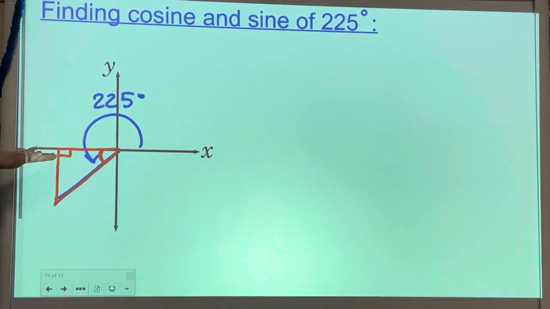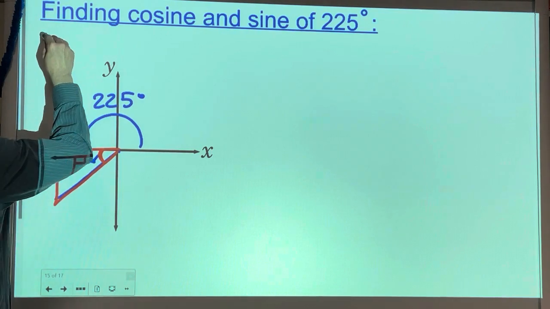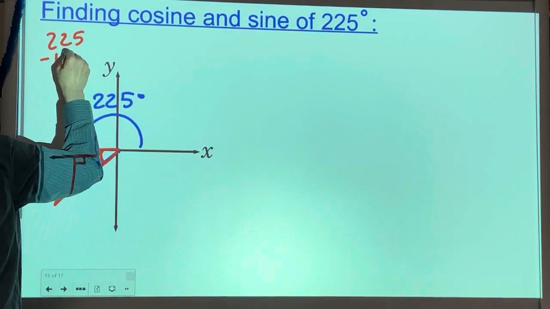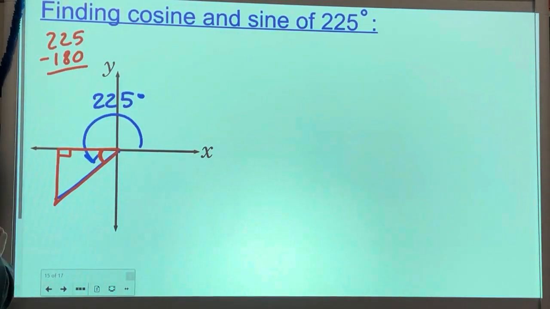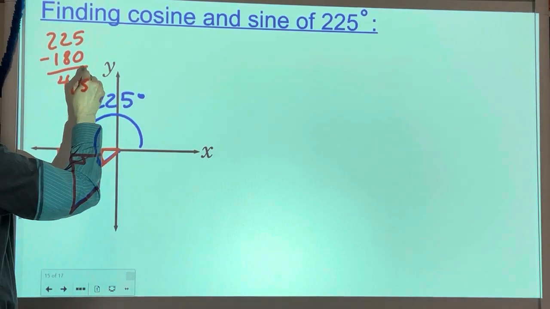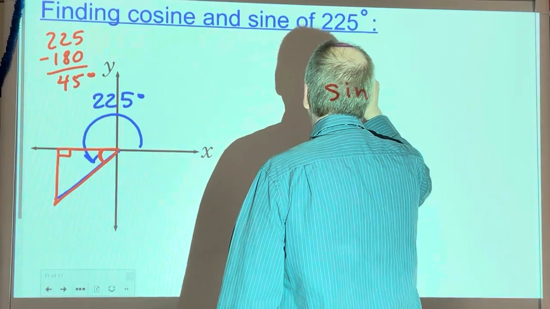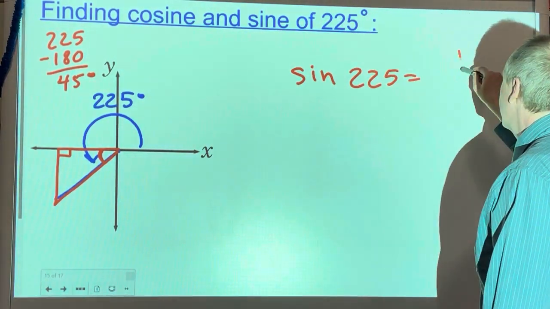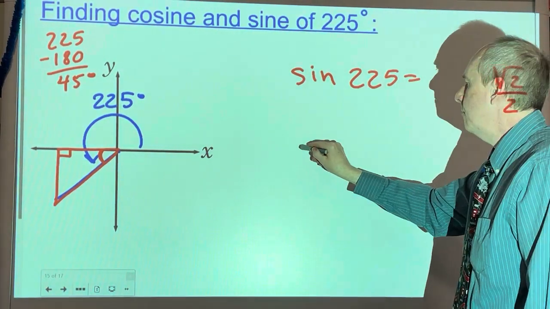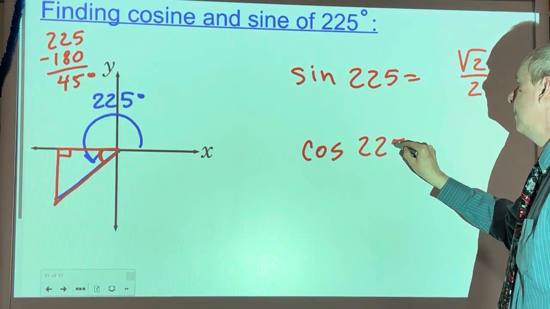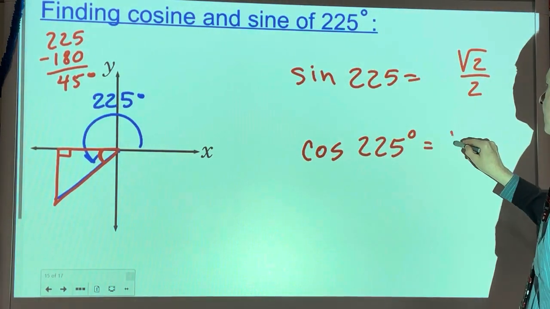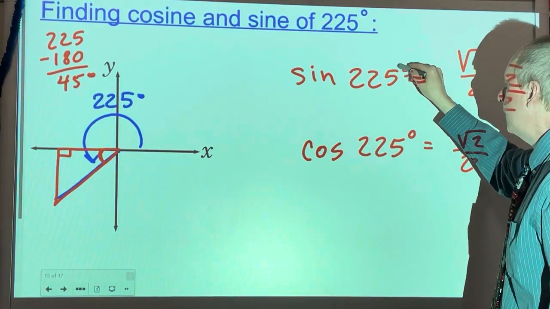Well, this is 180 up to 225. Yep, 45 degrees. As soon as you know that, your answers are the same. Sine of 225, radical 2 over 2. Cosine of 225, radical 2 over 2. Tangent, 1.